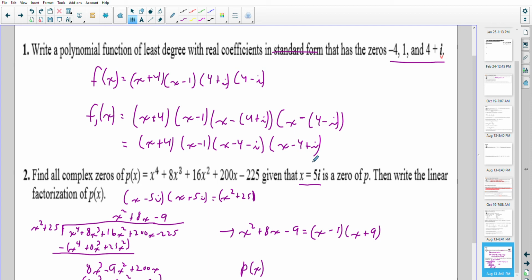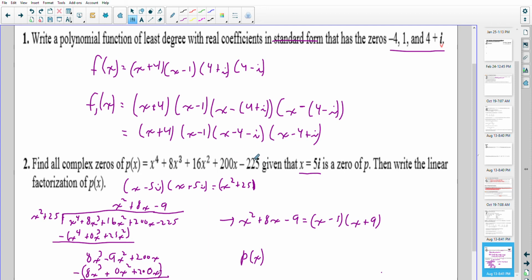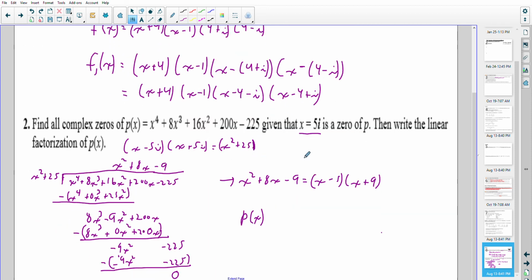Let's take a look at the second problem that says that you should rewrite the p of x in terms of linear factorization, which means put it in linear factors, including the complex ones. Now, it's giving you a p of x, and it's also giving you that x is equal to 5i is a zero. That means that negative 5i is also a zero because it's the conjugate.